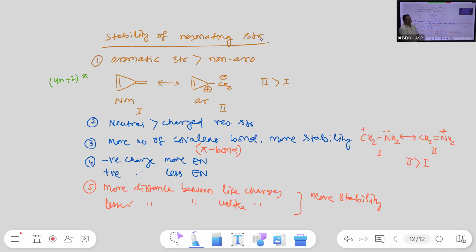With more distance between like charges, repulsion will be less. With lesser distance between unlike charges, attraction will be more. So when attraction is more, stability increases, and when repulsion is less, stability increases. So this is the answer. Is it clear, friends? Note it down. Any other doubt from the stability of resonating structures?